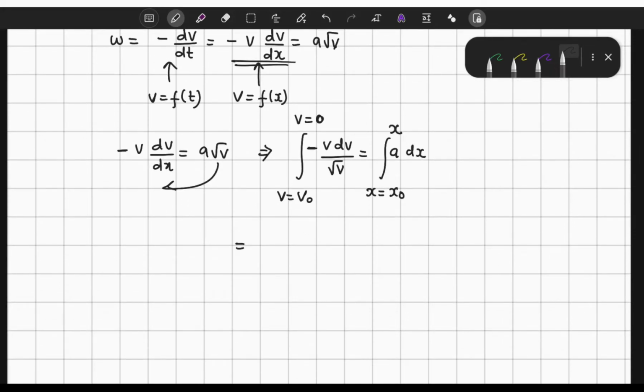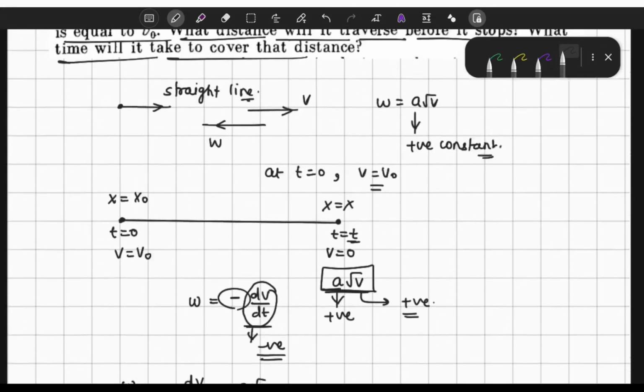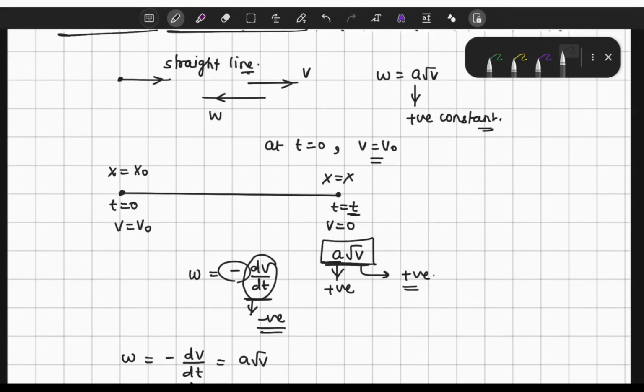So here we can write minus root v into dv, integral v naught to 0, is equal to a times integral x naught to x. And as it is traveling in a straight line, the delta s can be both the displacement as well as the distance because it is moving rectilinearly. So delta s we can write as x minus x naught.